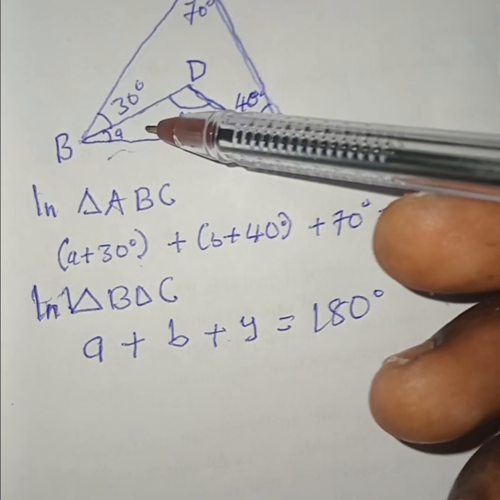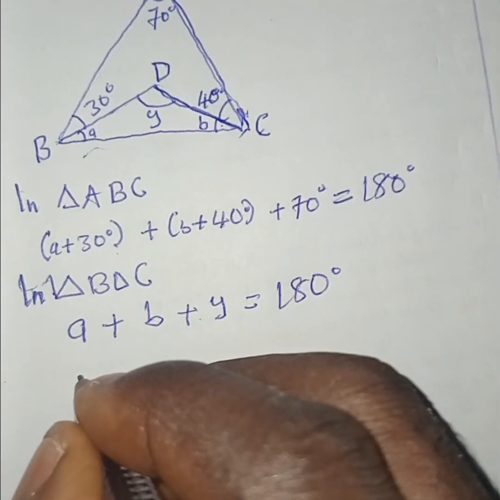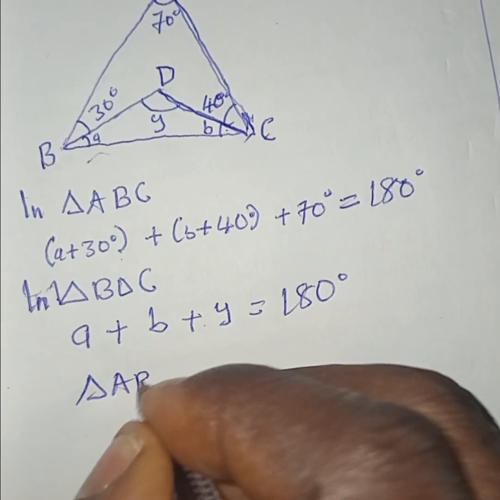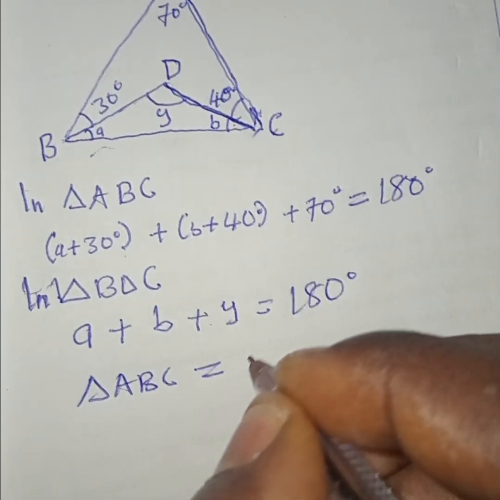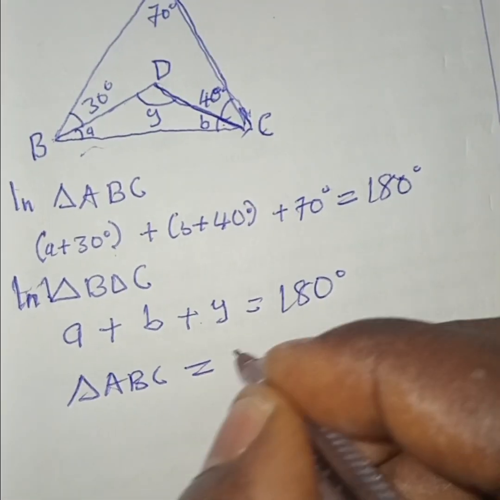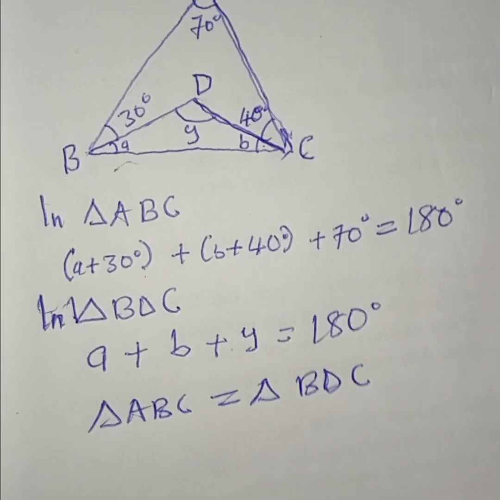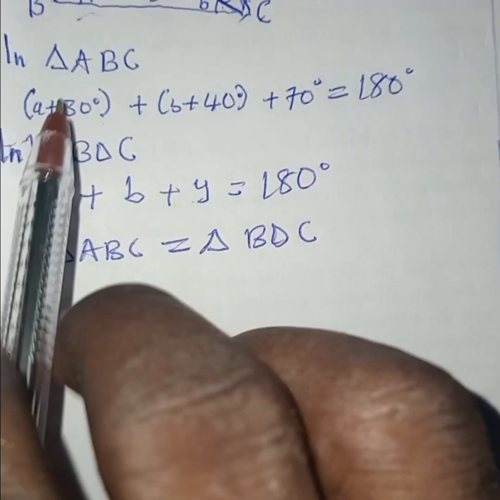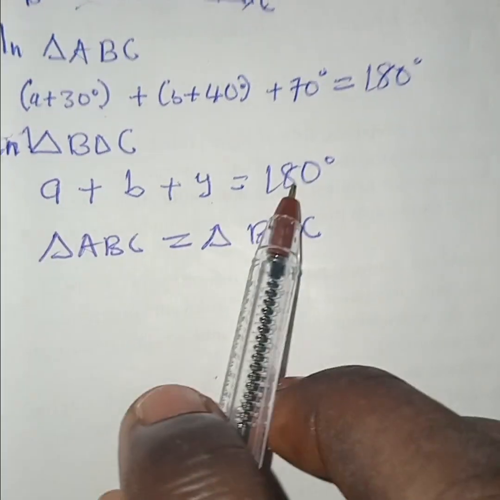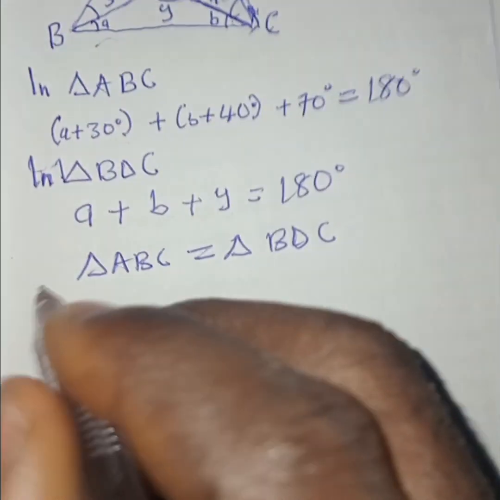So it means that triangle ABC is equal to triangle BDC. If that is established, everything here will be equal to everything here. And let's continue.